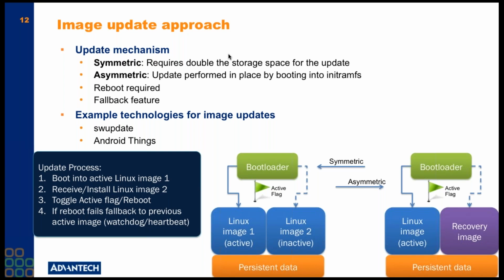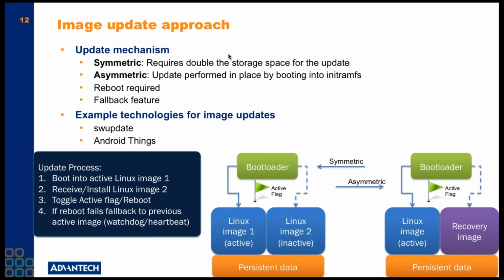The asymmetric approach assumes that there is a recovery image. So if something goes wrong, I have a way to reboot the system and fix the problem. But the recovery partition is typically read-only. So how do I update it in the asymmetric approach? I simply reboot the system into init.ramfs, a file system that's only in memory, and I update the active Linux image partition from there.